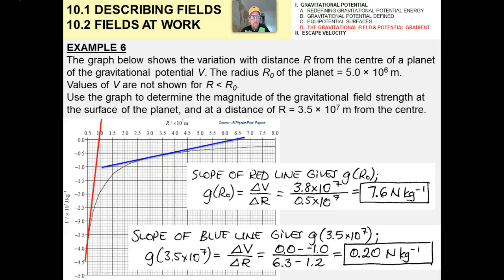Given V of r, which is a function which is negative GM over r, you should be able to take the derivative of that and evaluate it at any particular point to determine the slope of the tangent line at any given radius. And what that actually gives you is the gravitational field strength at any given radius. In other words, it will tell you the acceleration due to gravity at any given radius. And you need to be able to do that without even seeing a graph, okay?